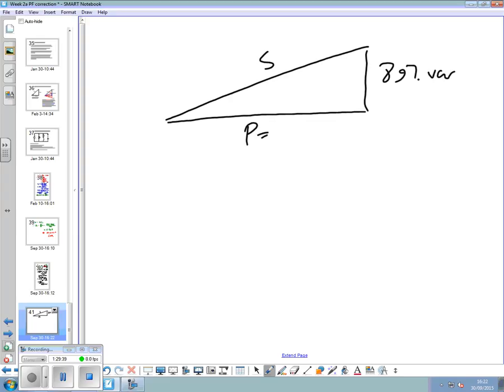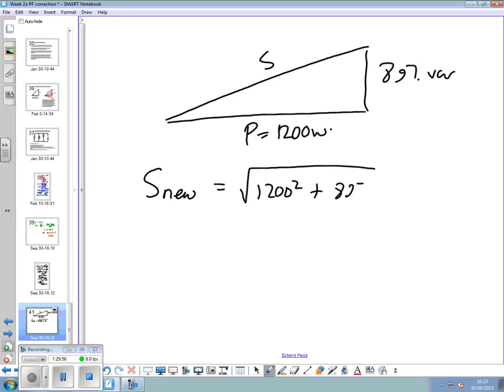P is still 1200. That doesn't change. Therefore, S new is equal to the root of 1200 squared plus 897 squared, 1498 VA instead of 2000. Yeah.